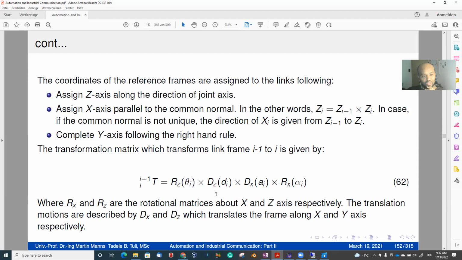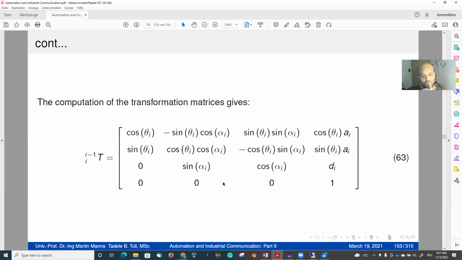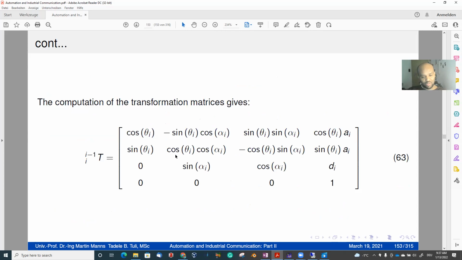In the classical approach, you have rotation Z, then translation Z, translate X, and rotate X. First multiply rotation about Z, then multiply with the translation about Z, then multiply translation about X, then multiply rotation about X. This is the order of representation, and then you get the matrix which looks like this.